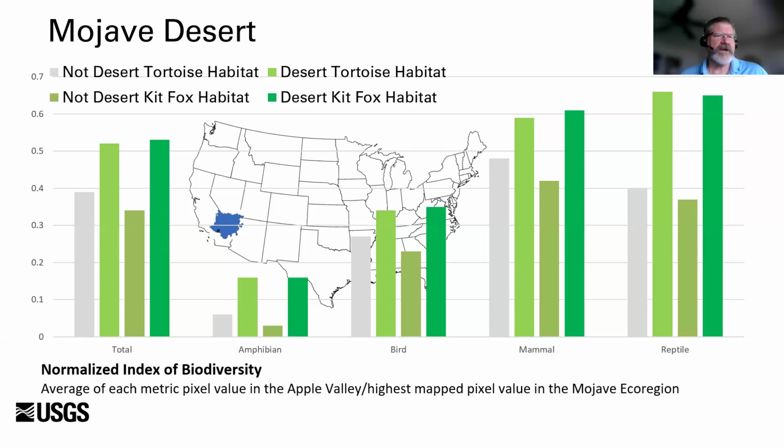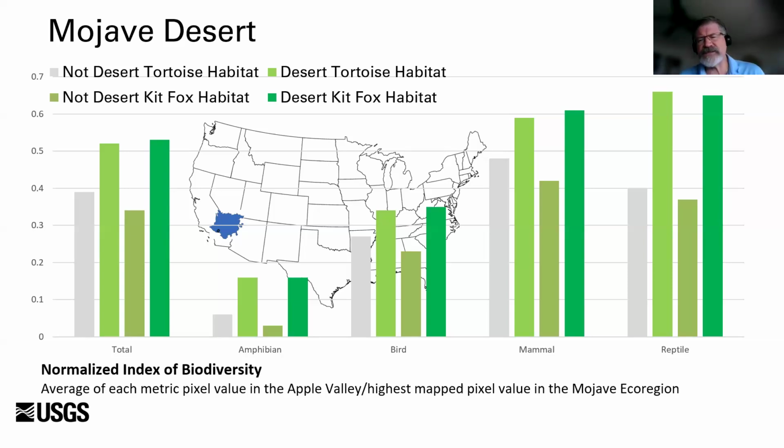And if you look at the charts here, the 2 tall bars are the species richness where the tortoise or the desert kit fox occurs. And the 2 shorter bars in each stack are where there isn't habitat for those species.